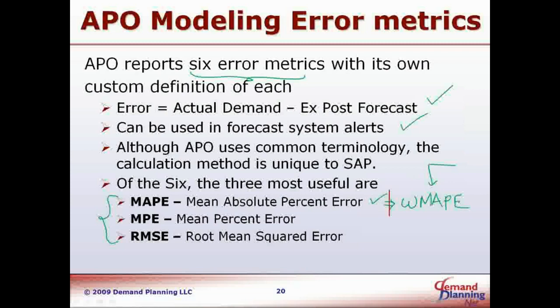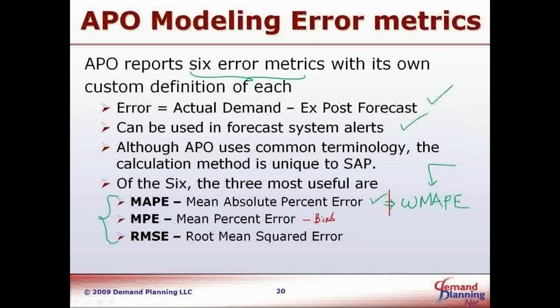We have consulted with a number of companies that incorrectly used the KPI reporting, which we have corrected. Almost 99% of the companies we have consulted with use WMAPE correctly. They all had the idea that if you do a MAPE, it's a volume weighted MAPE.